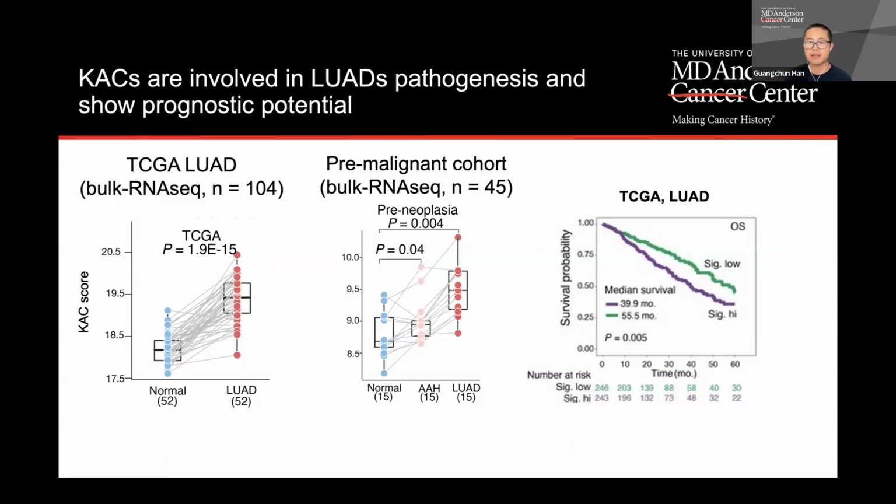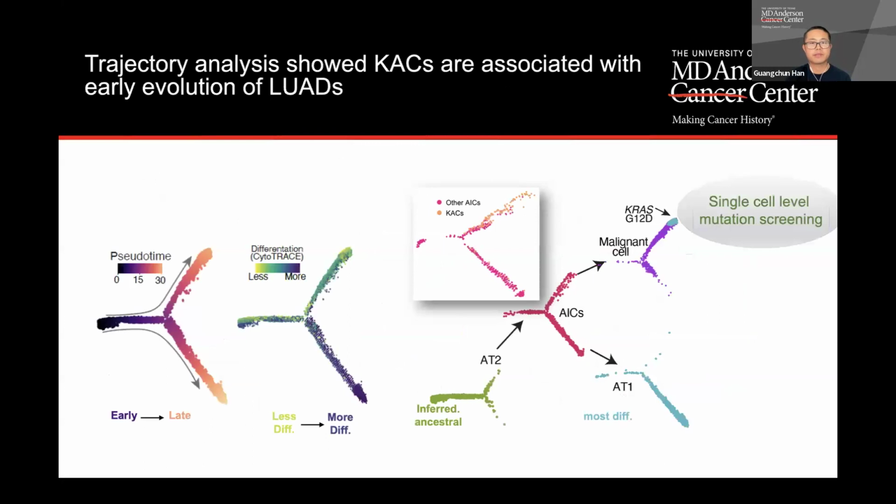This is very interesting, and then we are able to validate the prognostic power of this CAC signature. For the samples from the TCGA lung adenocarcinoma cohort, the samples with low CAC signature, in general, had better survival than the high signature group. From this different aspect, we are able to validate the importance of the CAC cells' involvement in lung adenocarcinoma early stage development.